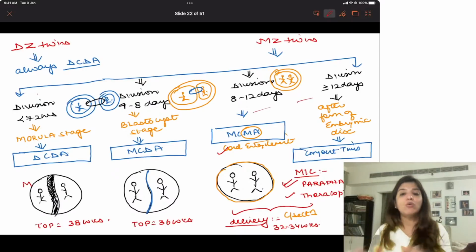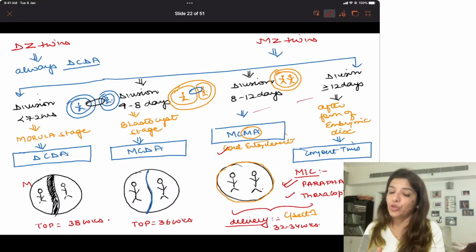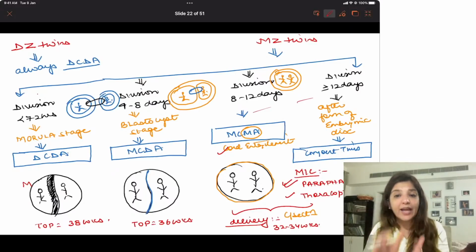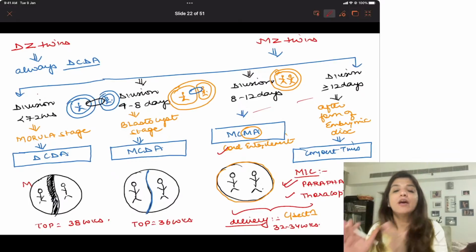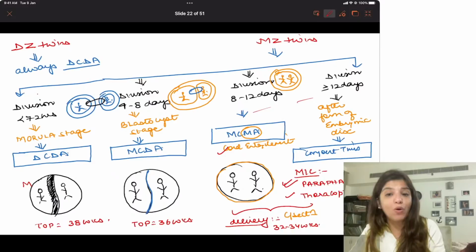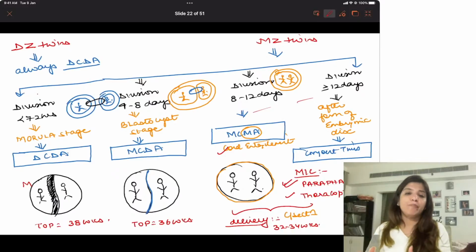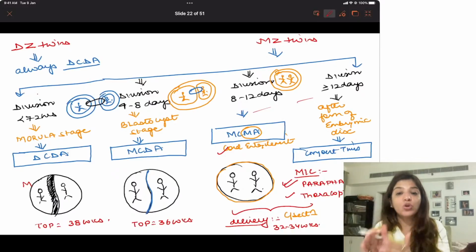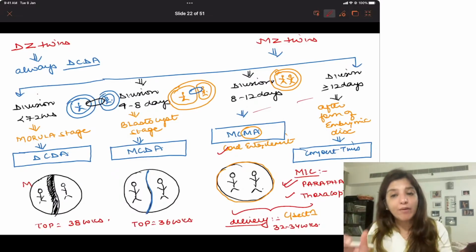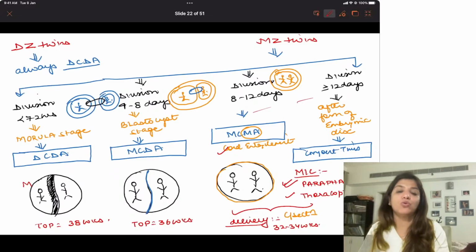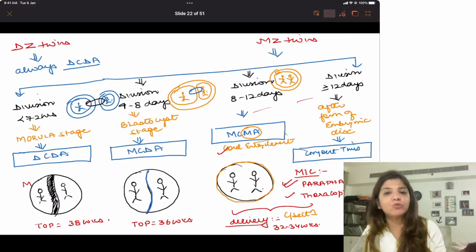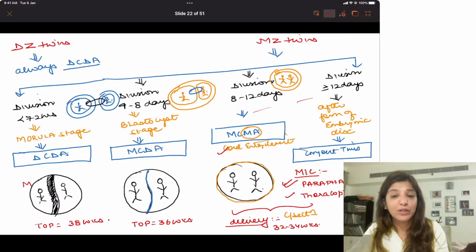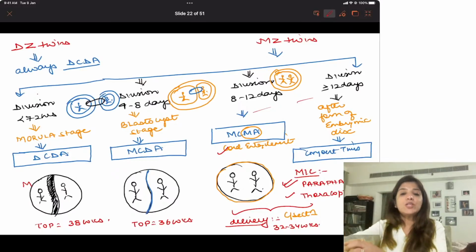Now let's talk about dichorionicity and monochorionicity. It's very important to differentiate between dichorionic and monochorionic twins, because like we have certain complications which are specific to monoamniotic twins, there are complications which are specific to monochorionic twins. The complications specific to monochorionic twins are twin-to-twin transfusion syndrome, twin anemia polycythemia sequence, and TRAP, twin reverse arterial perfusion.